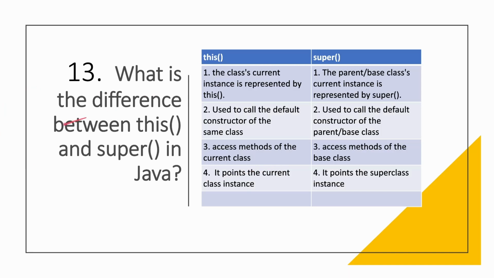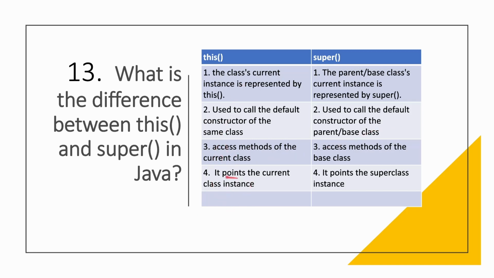Now what is the difference between the this and super keyword in Java? The current instance of the class is represented by this, and super is used for specifying the parent or base class current instance. And this is used to call the default constructor of the same class. Super is called to call the default constructor of the parent class.